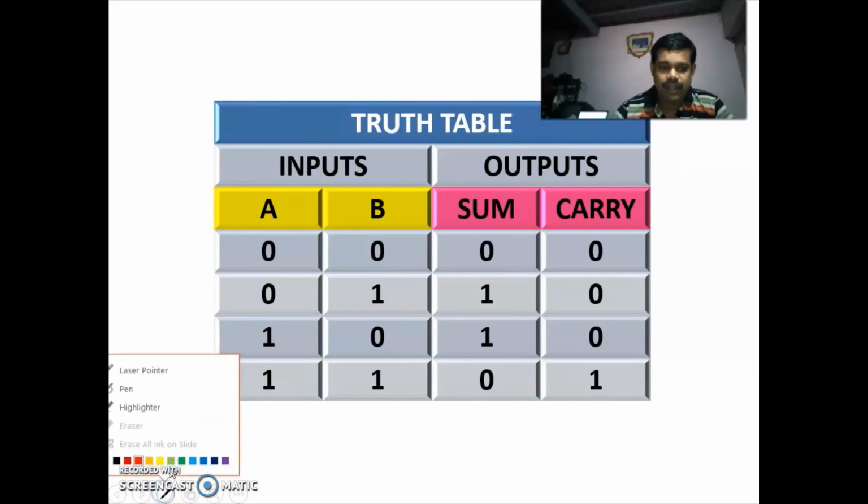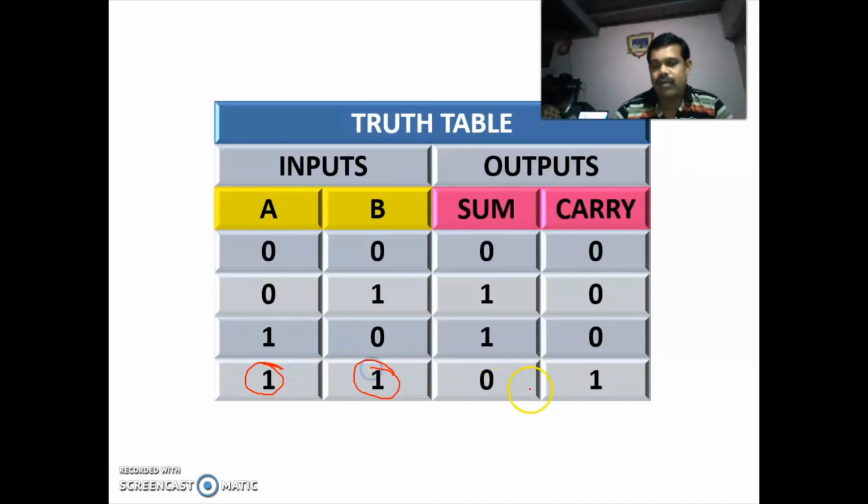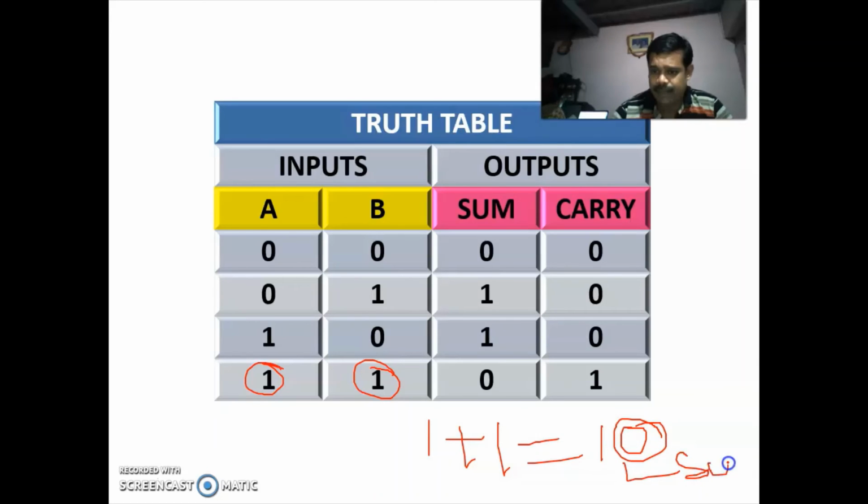So here we are adding 1 plus 1, and you get 1 0.